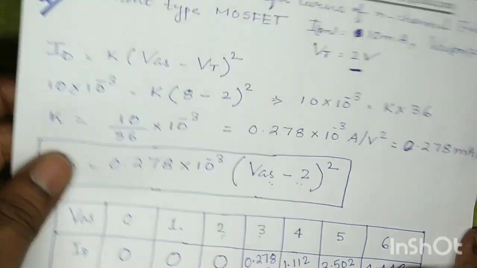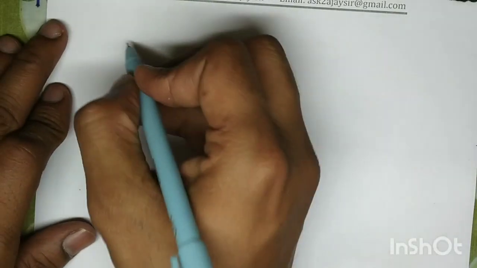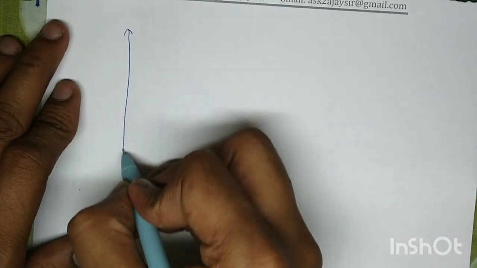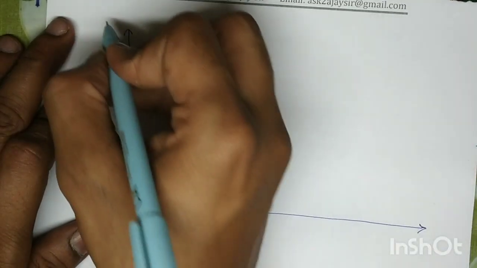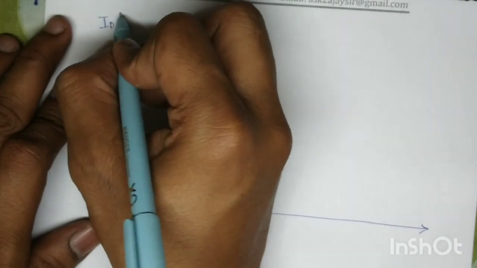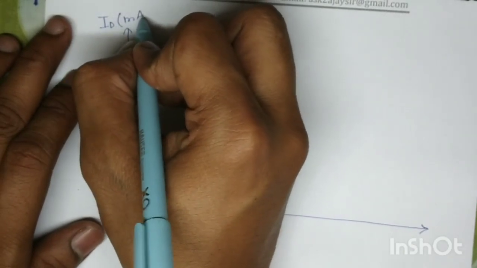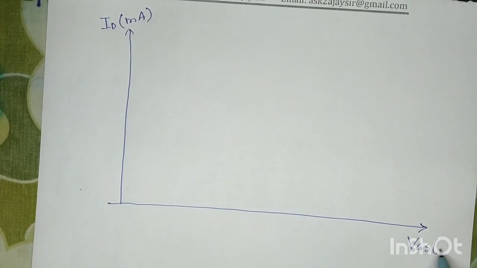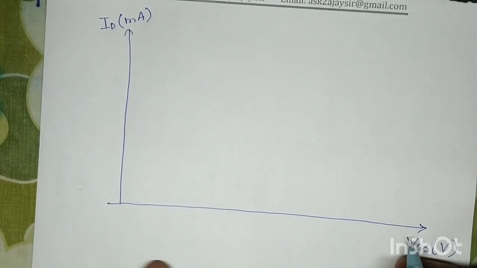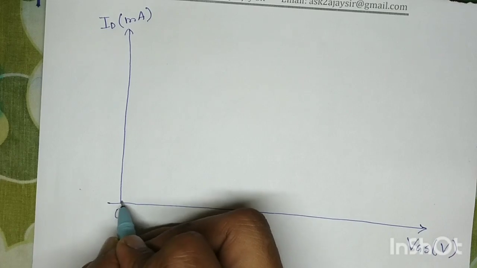So next we will plot the graph. On the y-axis we will take the drain current ID. The unit here I will take is milliampere. On the x-axis I will take VGS. The unit here I will take is volt. So this is VGS equals to 0.